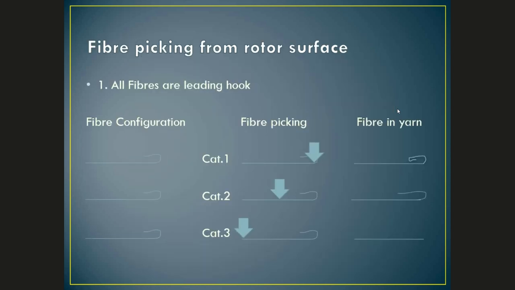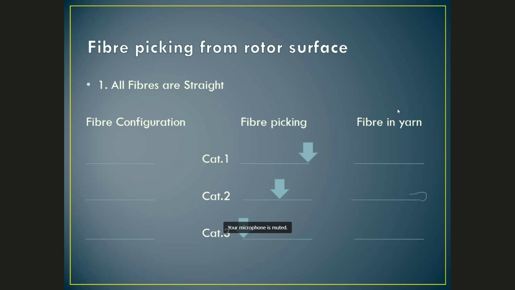Now let's see them one by one. This is the situation where the fibers in the sliver are all straight. I'm feeding this fiber and all fibers are straight. So in that case, what is happening? Category 1: the fiber was just emerging from the transport tube and it is picked by the yarn.